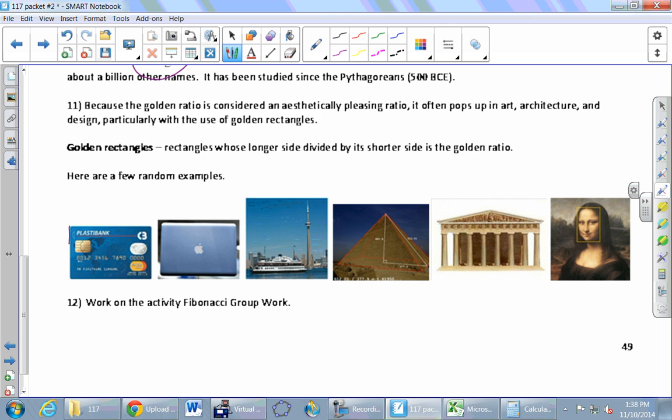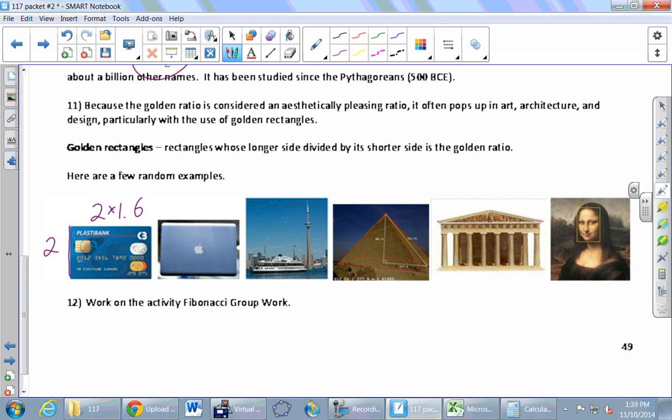So I guess what we're saying is, I don't know how long a credit card is normally, like 2 inches maybe? Sure. About 2 inches. So the idea here is that this is about 1.6 times the other side. So if we make something where it's 1.6 times the shorter side, we're making something called the golden rectangle.